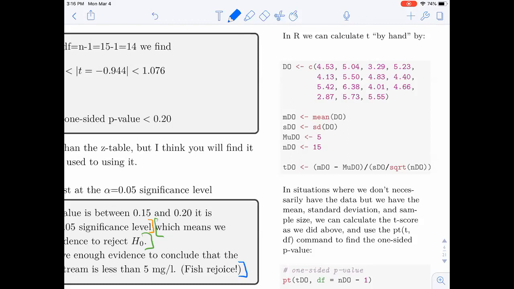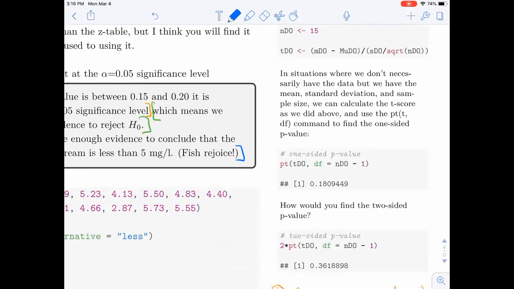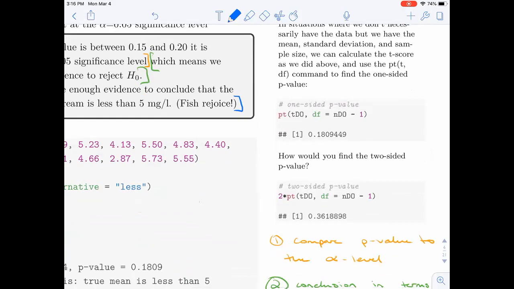Sample mean minus the hypothesized mean over the standard deviation over the square root of the sample size. And then we can use the pt command, which takes a T value and the number of degrees of freedom, and it gives you the one-sided p-value. Okay. If you wanted the two-sided p-value, you can just multiply by 2.